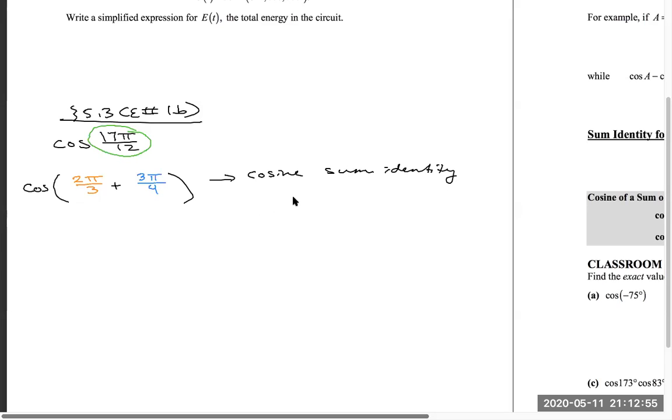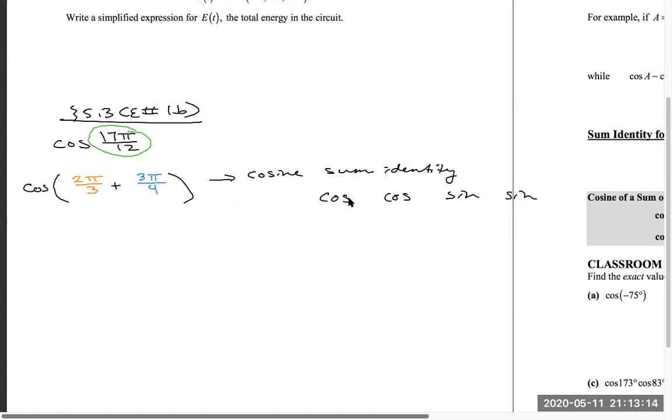So we're going to sing our song: sine, cosine, cosine, sine, cosine, cosine, sine, sine. Remember, the second part of that song is for the cosine sum and difference identities.